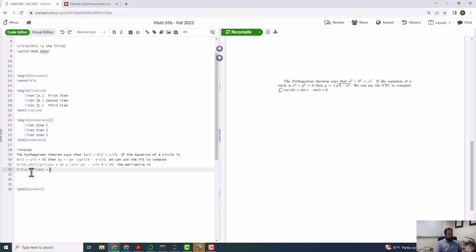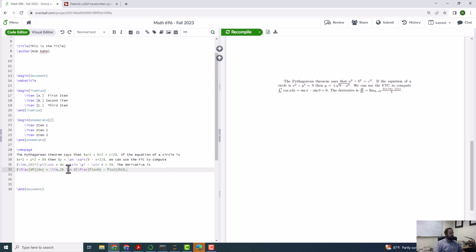The command for limit is, again, all very intuitive, backslash lim, and then I want the limit as h goes to 0, so I'm going to do underscore h backslash to 0. I'm going to do a fraction because this is going to be the difference quotient, f of x plus h minus f of x over h. And if I run this, we get this.